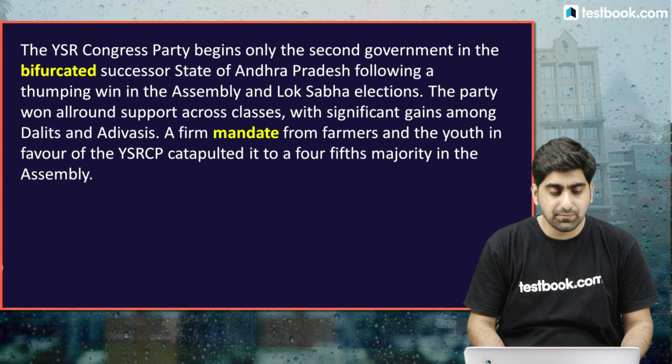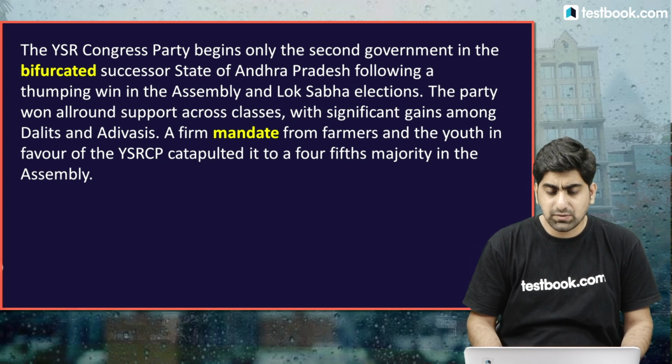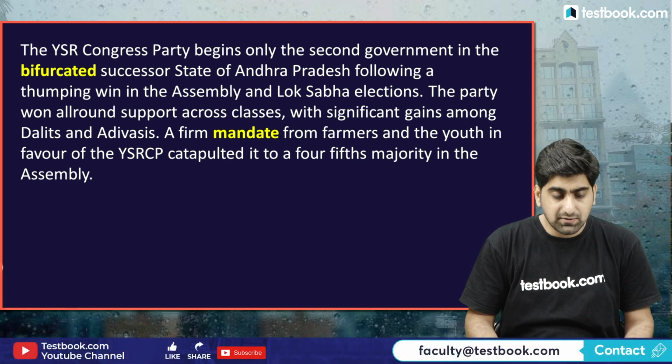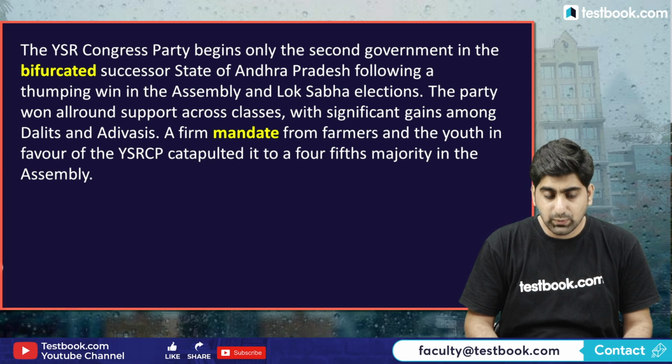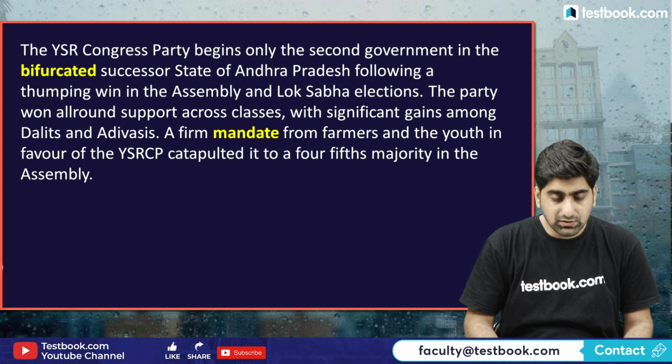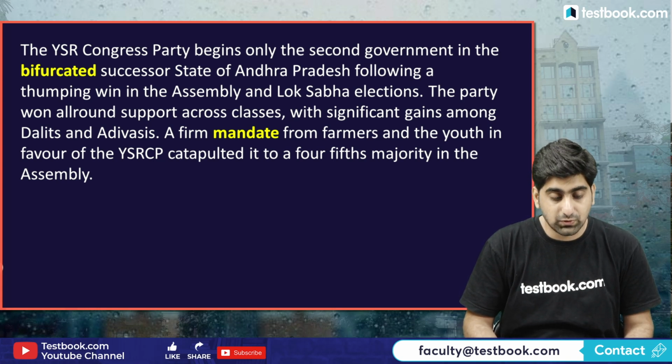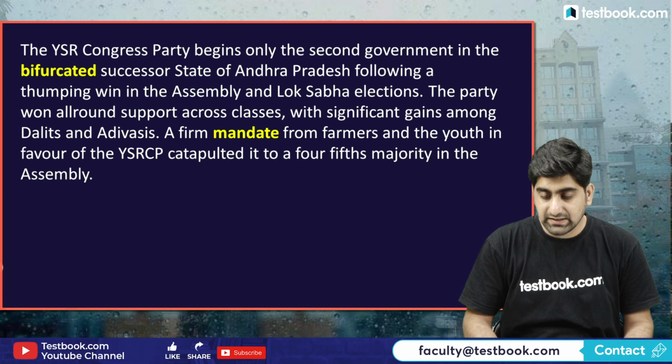It says that the YSR Congress party begins only the second government in the bifurcated successor states of Andhra Pradesh following a thumping win in the Assembly and Lok Sabha elections. The party won all-round support across classes with significant gains among Dalits and Adivasis.